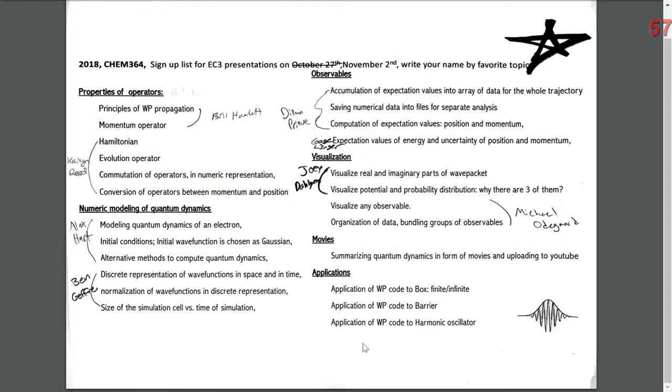So we did real and imaginary part. We did potential energy and probability distribution. Why are there 3 of them? Well, there are several methods, right? There is a method which depends on how we define the momentum.